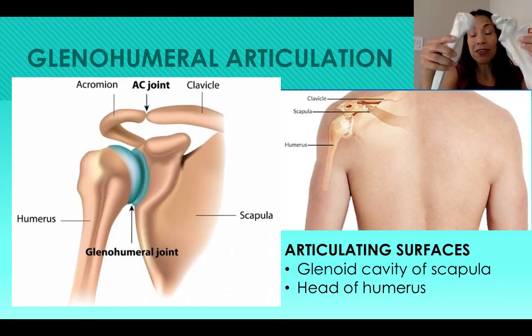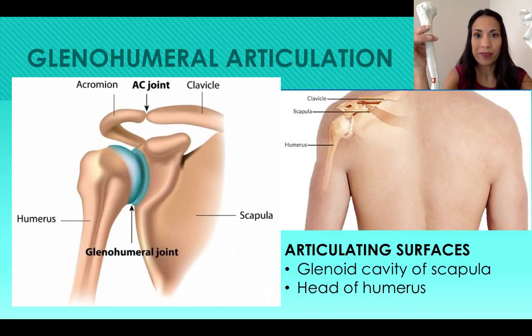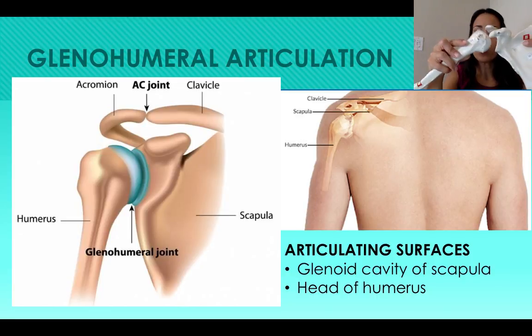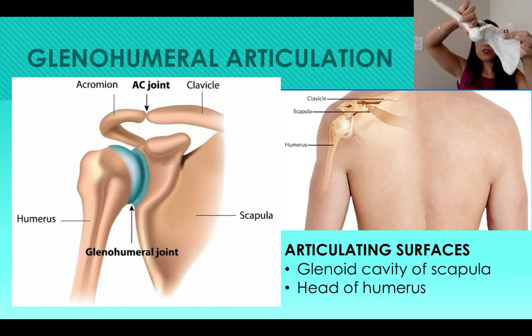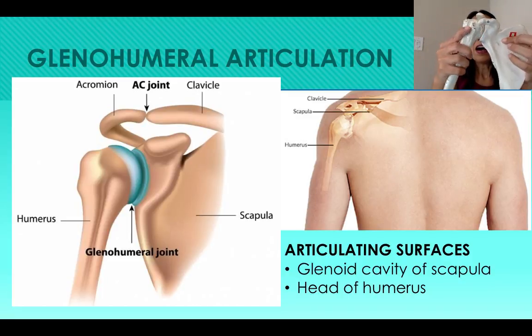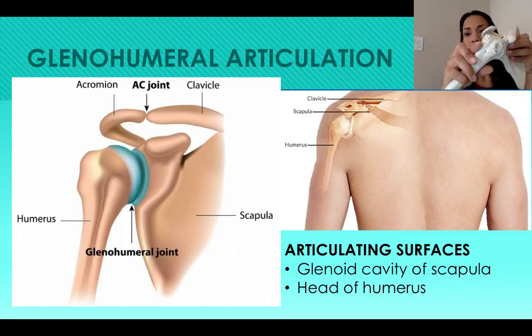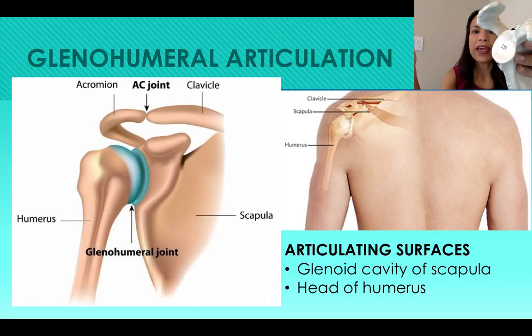That makes this shoulder joint the weakest of the joints in the body, but the one with the greatest range of motion. We can flex, extend, adduct, medially rotate, laterally rotate, and circumduct, okay? But we can do all of these movements because the glenoid cavity is shallow.